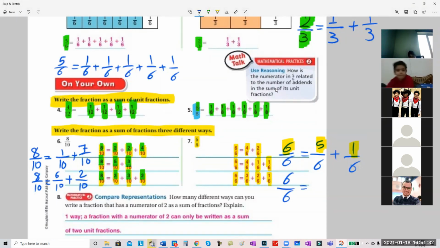It will be 3 over 6 plus 3 over 6. Great. You are super, because 3 plus 3 equals 6. So easy, right? So it will be 3 over 6 plus 3 over 6.